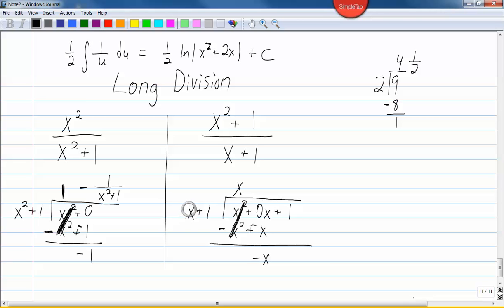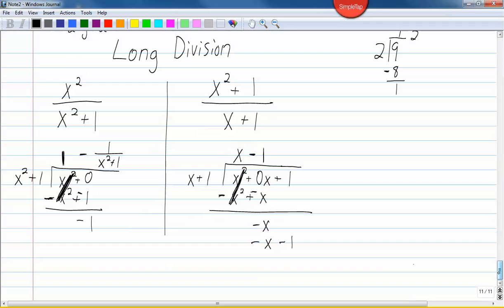Now, what times x is negative x? Negative 1. Okay? So negative 1 times x, again, is negative x. It's exactly the same. It should be. Negative 1 times positive 1 is what? Negative 1.